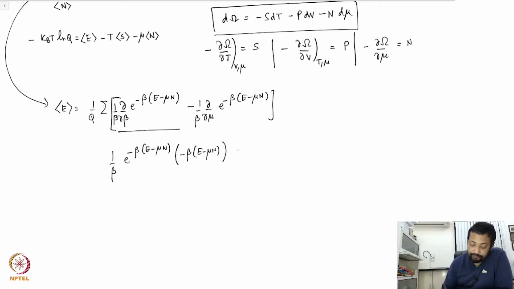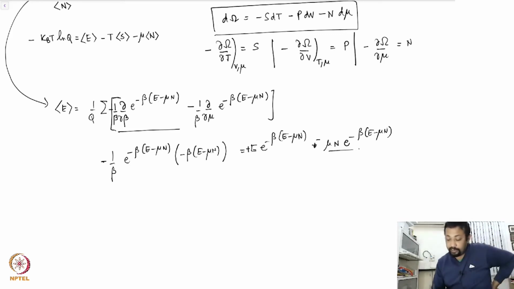So 1 by beta of this is going to be e to the power minus beta (E minus mu N) times E, minus E plus mu. If I do it with a minus beta over here, then you see minus of beta is plus and this becomes minus.